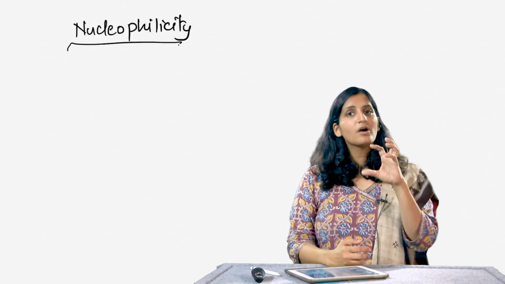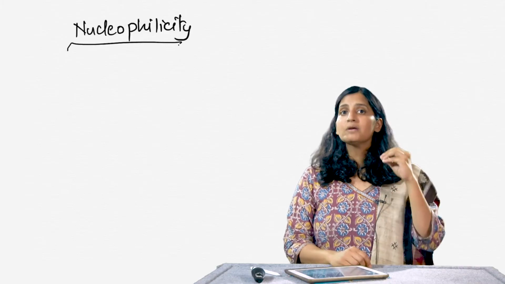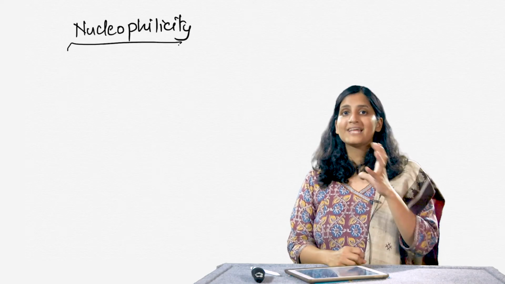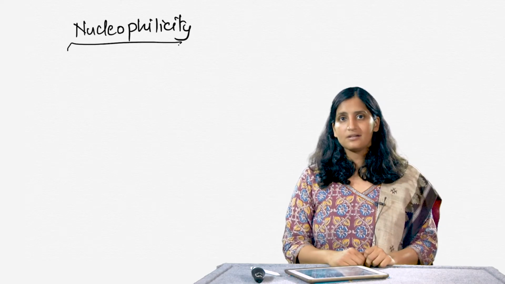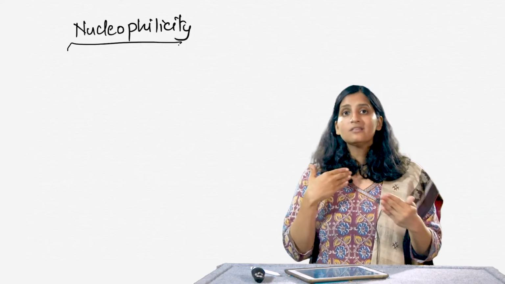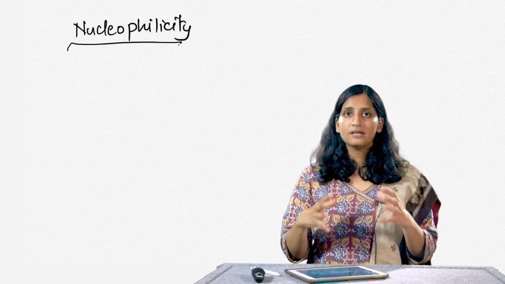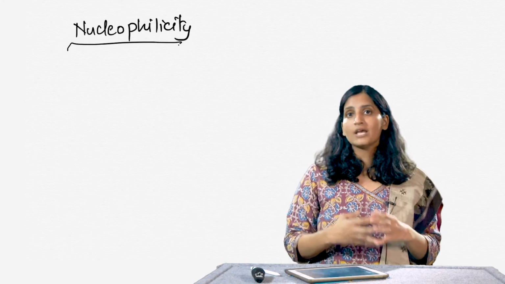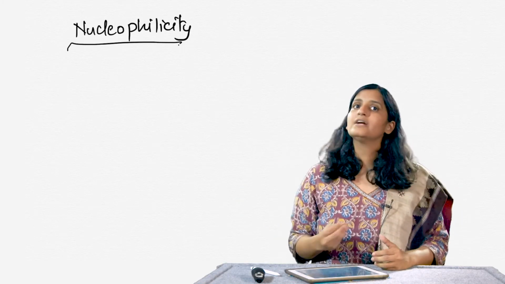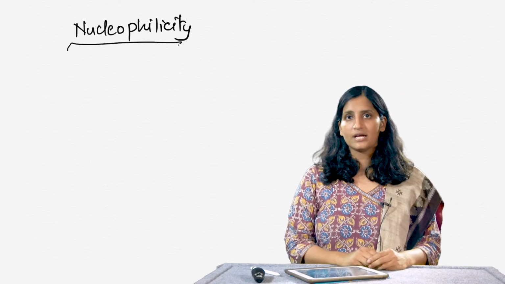So, really small nucleophiles do a great job. Hydroxide and methoxide are going to be better nucleophiles than, let us say, tertiary butoxide. So, that is the trend seen in the nucleophilicity of most compounds, and it is important for us to take this trend into account when we are discussing SN1 and SN2 reactions.